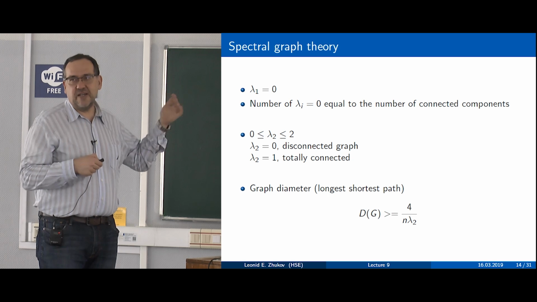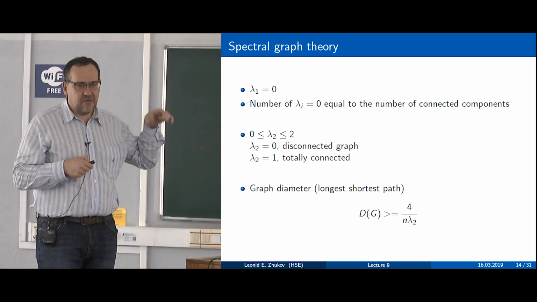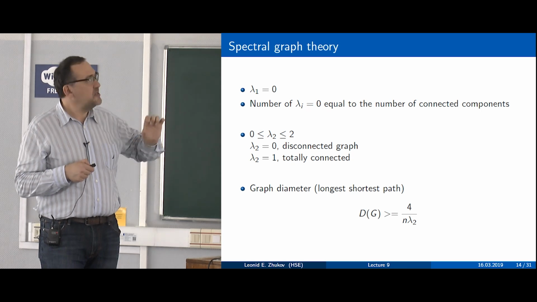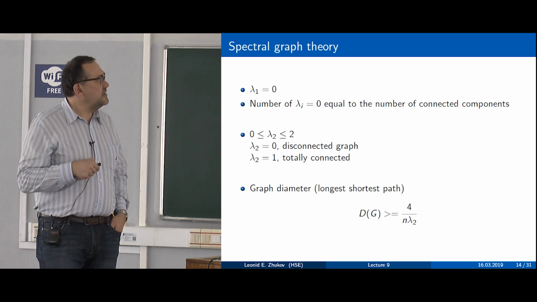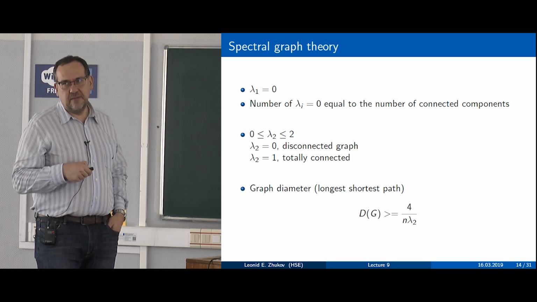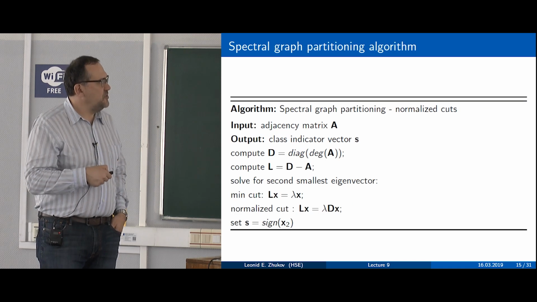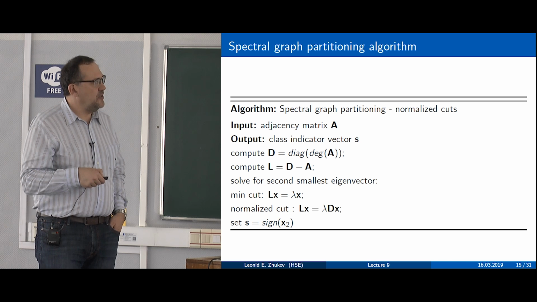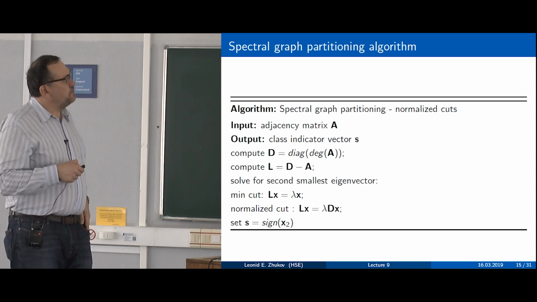So there is a very nice connection between the properties of the graph and the properties of the Laplacian matrix. If the second eigenvalue is 0, it's a disconnected graph. If it is 1, it's totally connected. And there are properties that allow you to estimate, for example, graph diameter from eigenvalues. But anyway, back to our story.